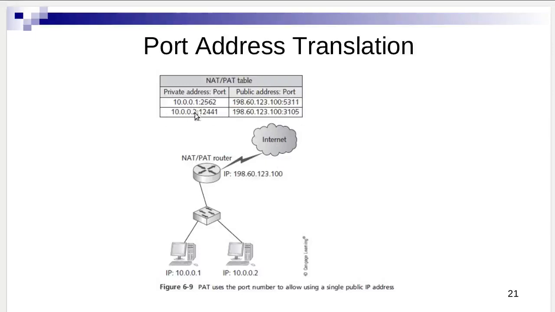Chances are you will be using internal port numbers for each one of these machines too. But for this example, the main thing to keep in mind is that you can use port numbers, and they can be different from what you're using internally, and that's how you distinguish between two different computers.